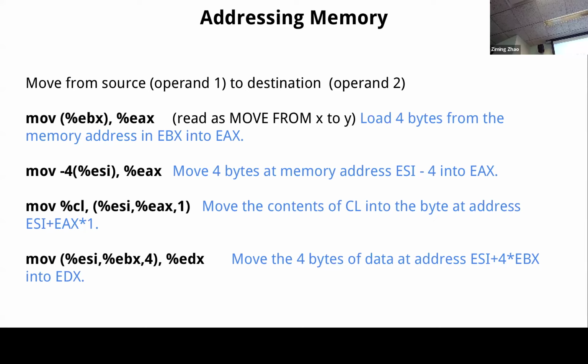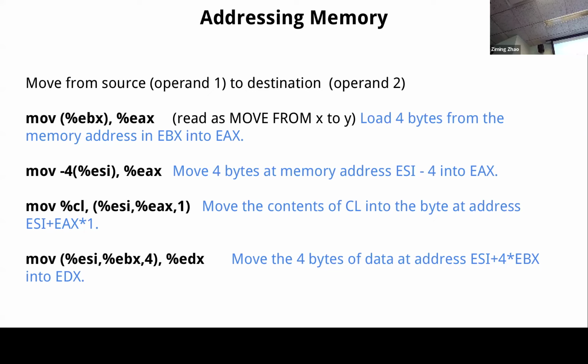If the size of the data that you're moving is determined by the suffix, then why do you have to specify it? That's a very good question. First of all, the parenthesis here means this is memory, not register. So you need some kind of indicator for that. Then the size here may not be that important.